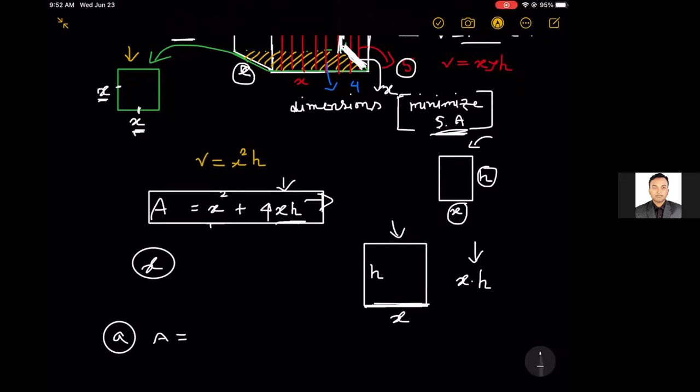We have done this before, right? Even yesterday, we have done it. We replaced one of the variables by the other. So we want to get rid of this h and replace it by x. What should we do? You have seen it the last time. Anyone?